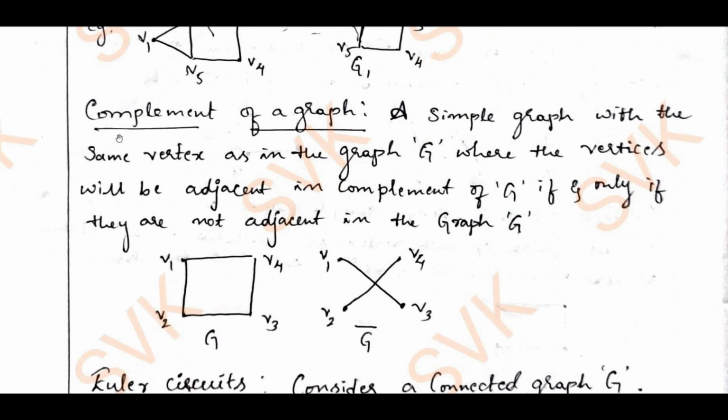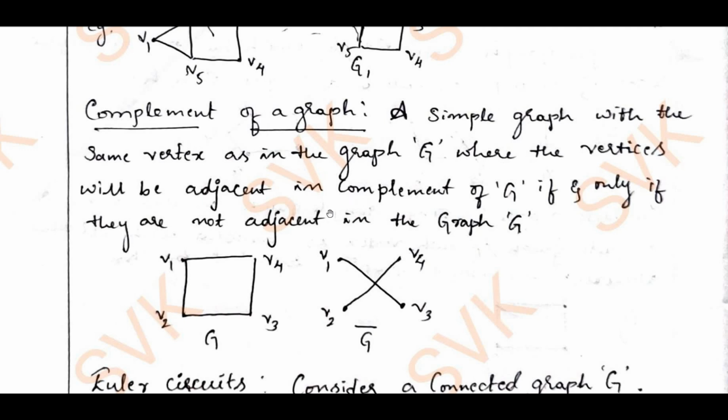Moving on to the next definition. Complement of a graph. What is the complement of a graph? A simple graph with the same vertices as in the graph G, where vertices are adjacent in the complement of G if and only if they are not adjacent in the graph G. I think you didn't get the definition.